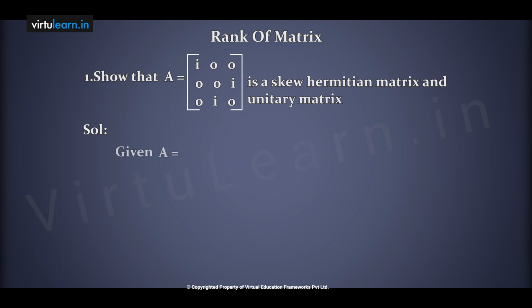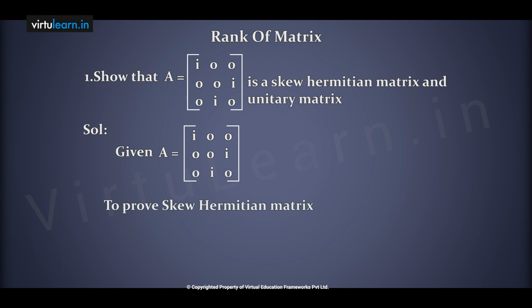To prove skew Hermitian, you have to show that A bar whole transpose equals minus A. If A bar whole transpose is minus A, then A is called a skew Hermitian matrix.